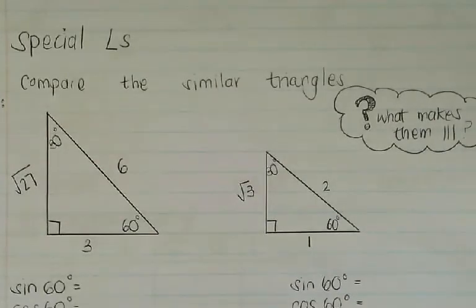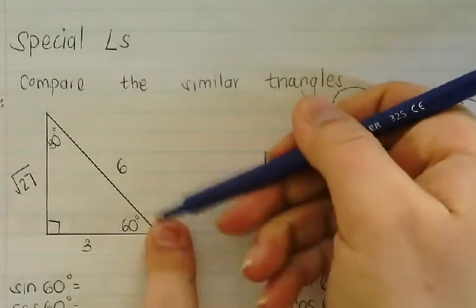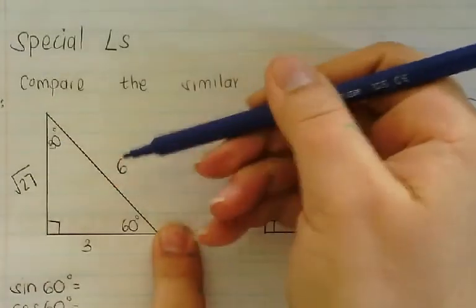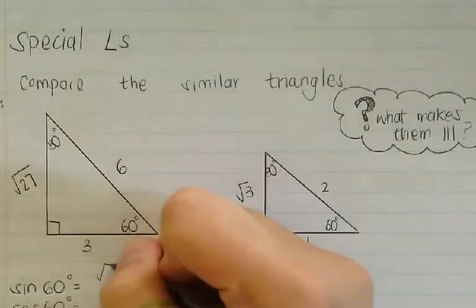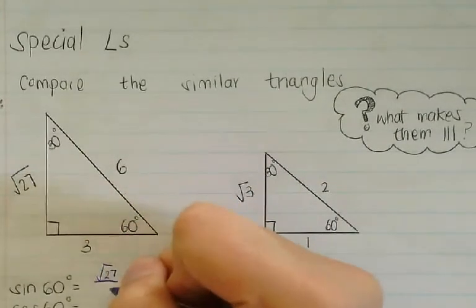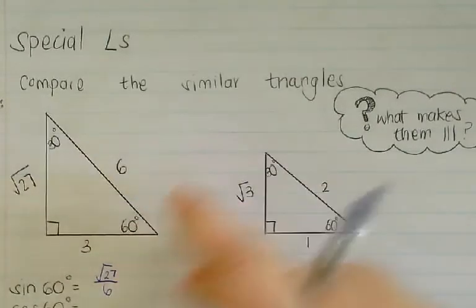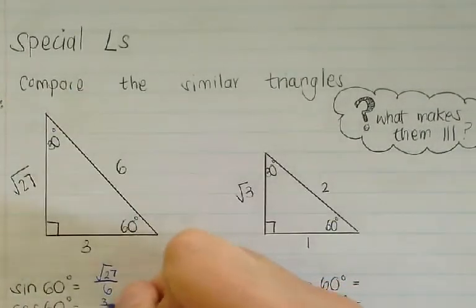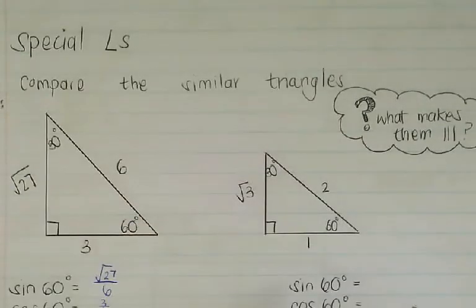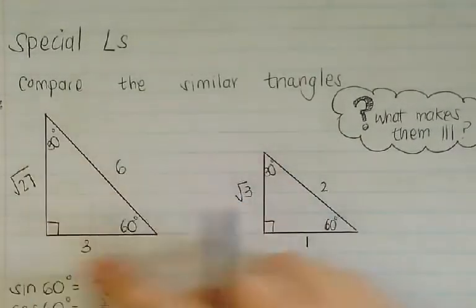So, I have sine 60 opposite over hypotenuse. Cos of 60 is adjacent over hypotenuse. Tan of 60 is opposite over adjacent.